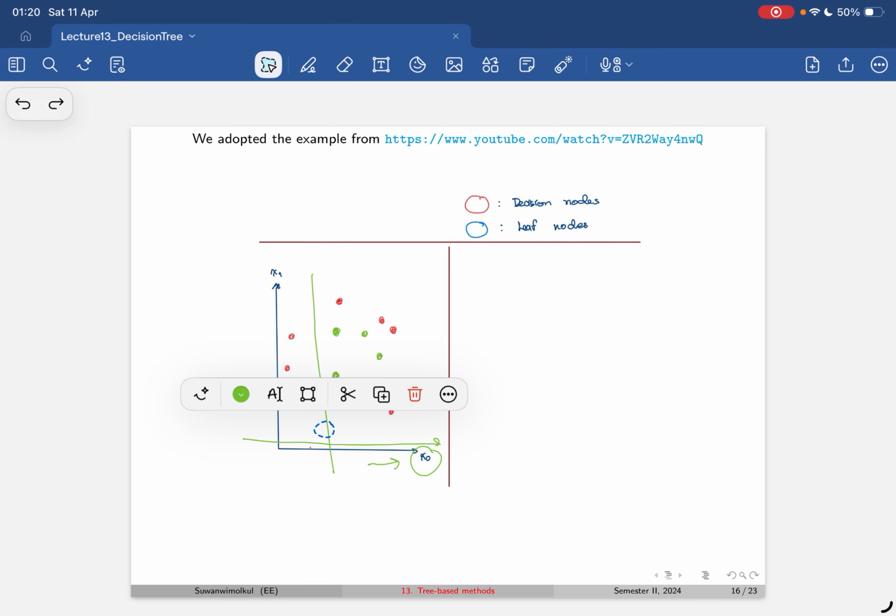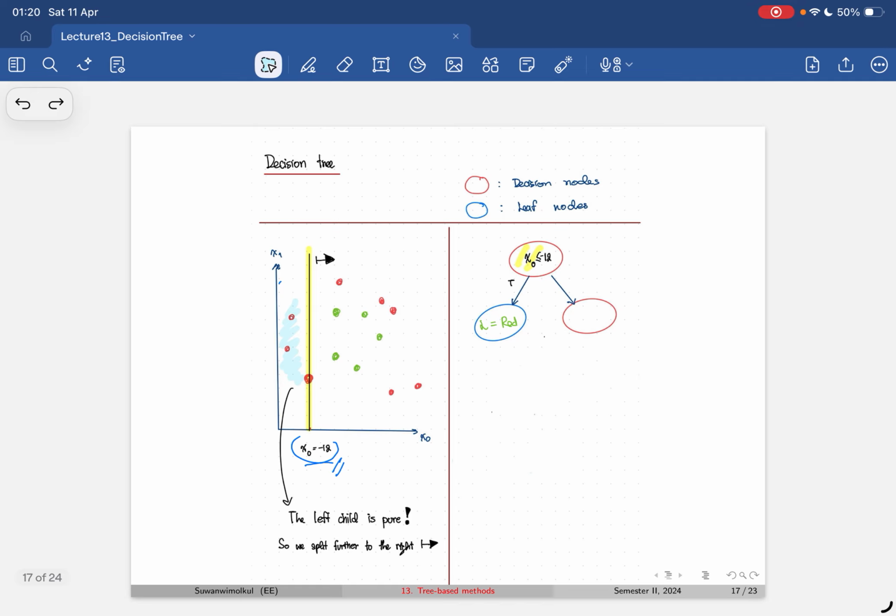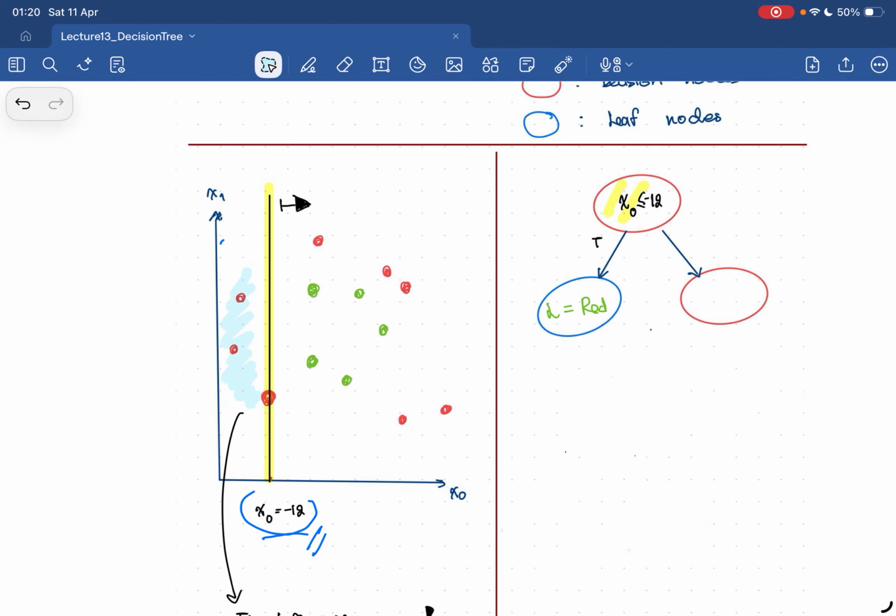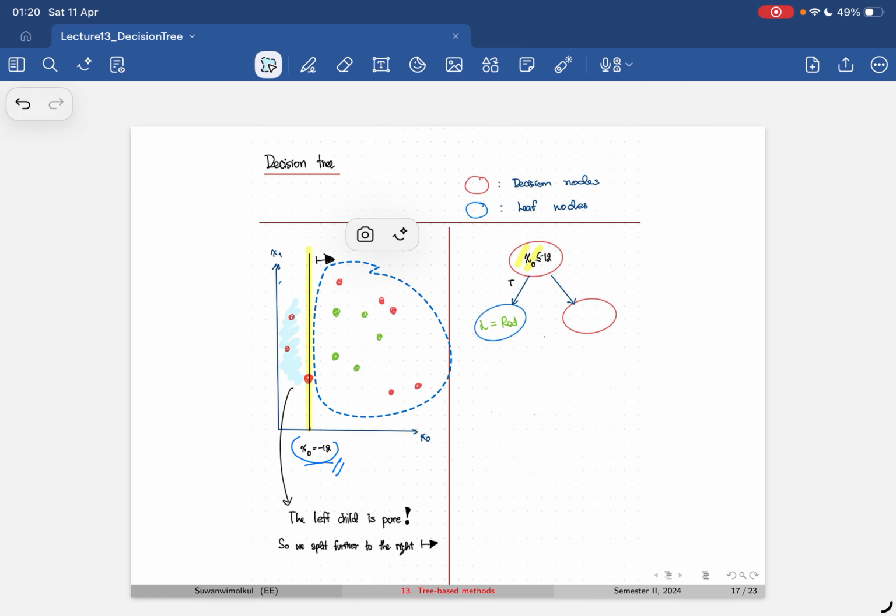The easiest way is to track along each point, and it turned out at this point, if you split it here, you will get at least a region that contains points in one class, and the other region contains points of the other. And at least this region gives a node that is pure, right? So you will do the splitting here.